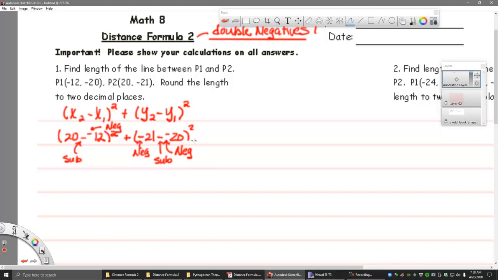So let me pull up my calculator here. Let's see here. Oh, I'm going to rewrite this thing again here. So this is what we're going to type in our calculator. Let me make this a little bit clearer where I get rid of all that negative and subtraction stuff. So that's what it's going to look like in our calculator.